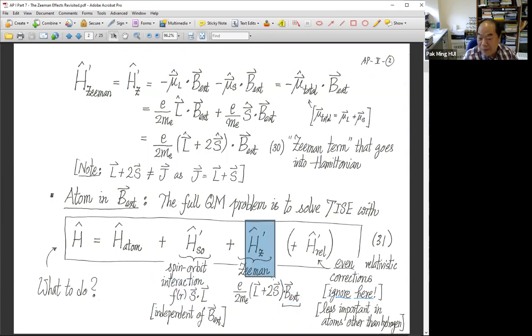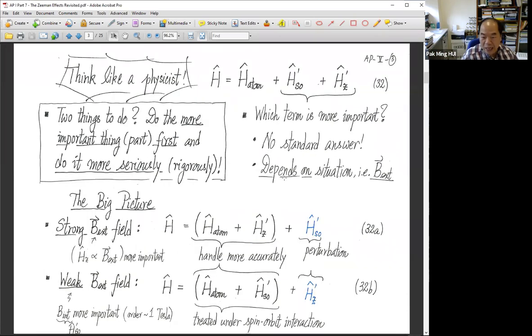You will expect the Zeeman term will be more important than the spin-orbit term. So depending on the situation, that is the answer. In two opposite situations, with a strong external field, do the Zeeman part seriously, more accurately, and leave the spin-orbit as perturbation.